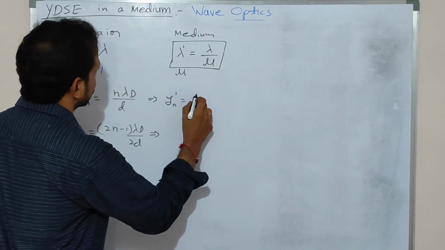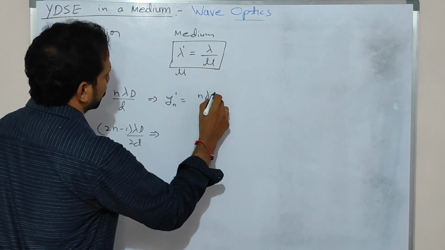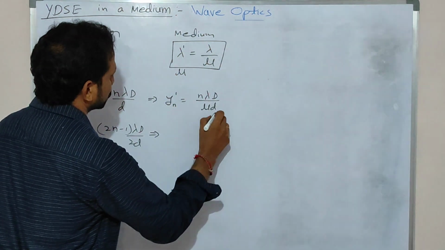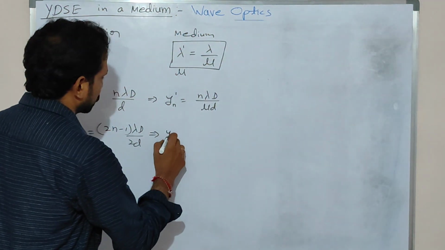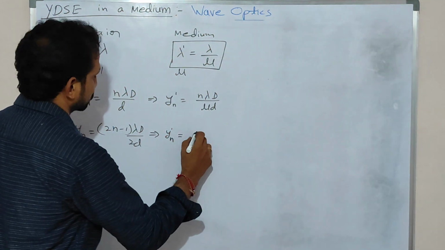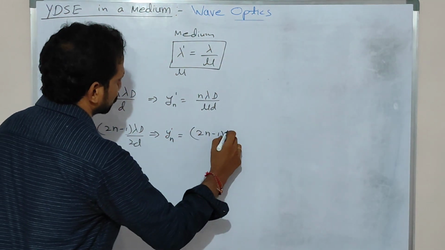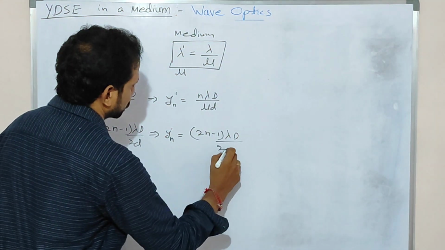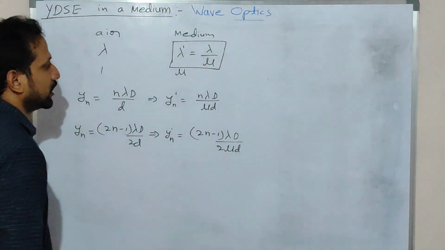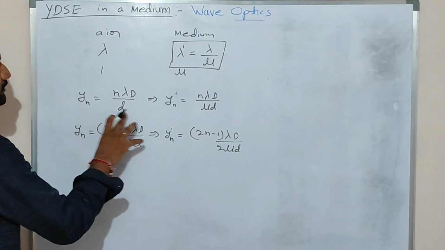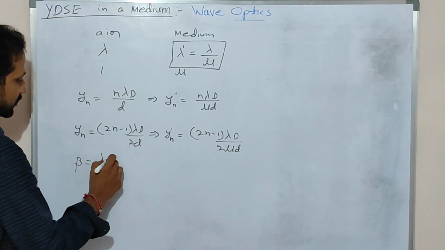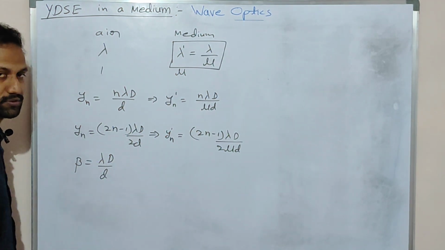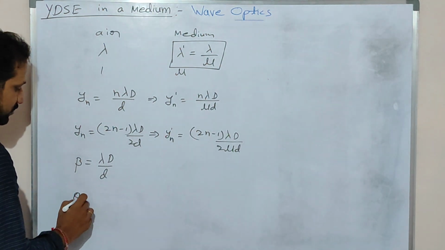Yn prime equals n lambda D by mu d, because wherever lambda is there you have to take lambda by mu. So yn prime for the dark fringe equals (2n minus 1) lambda D by 2 mu d. This is in air, this is in medium. In air, what is the beta formula? Lambda D by d is the fringe width. What is the theta formula?